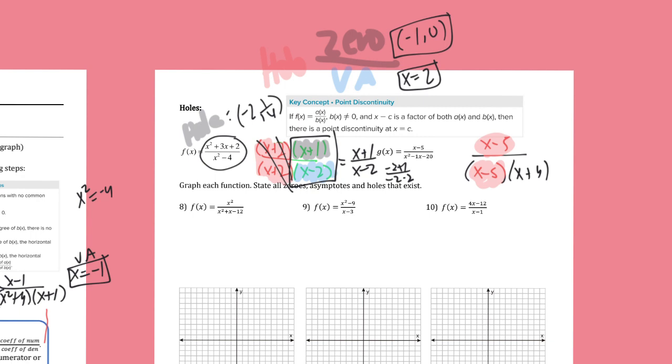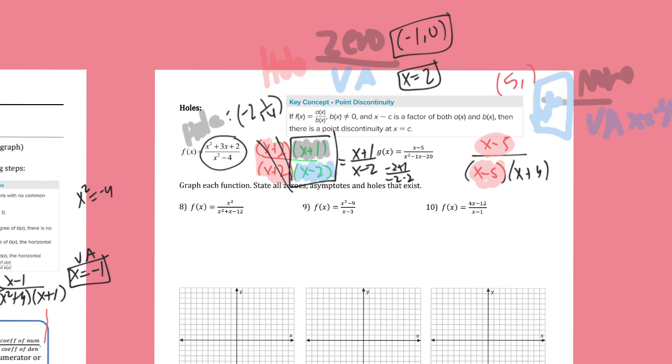So there is no 0, none. There are no x-intercepts, because sometimes your graph doesn't touch the x-axis. There's a vertical asymptote at x equals negative 4. And then there's a hole. That's super messy, but there's a hole at 5.